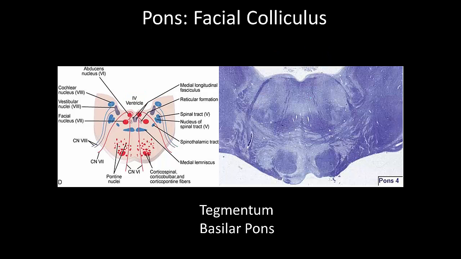Now the pons can be divided into 2 major sections. More posterior, it's referred to as the tegmentum, and then more anterior, it's referred to as the basilar pons. Within the basilar pons, we have our descending corticospinal tracts, and then we've got a ton of small little nuclei that are just referred to as pontine nuclei.